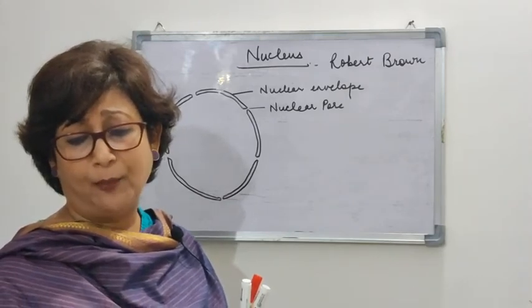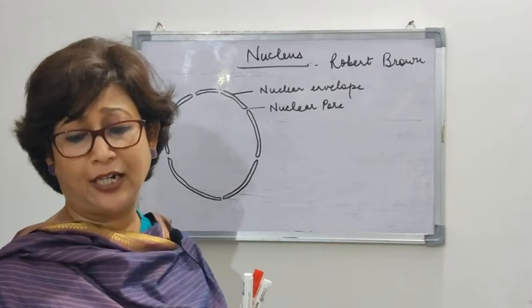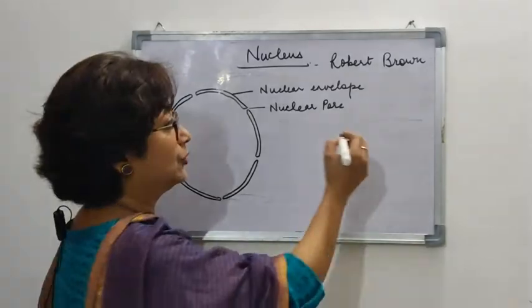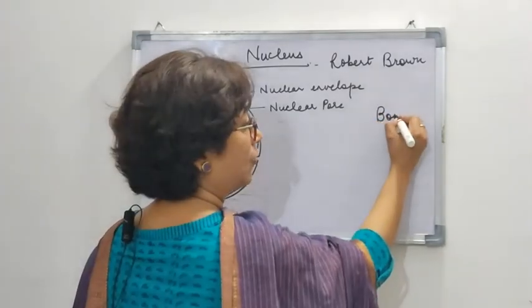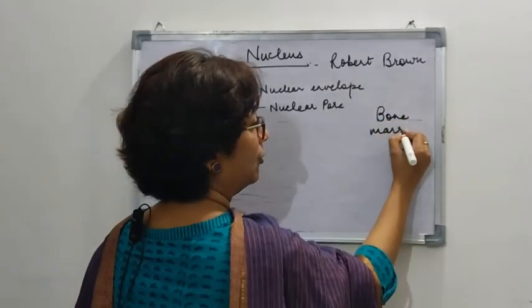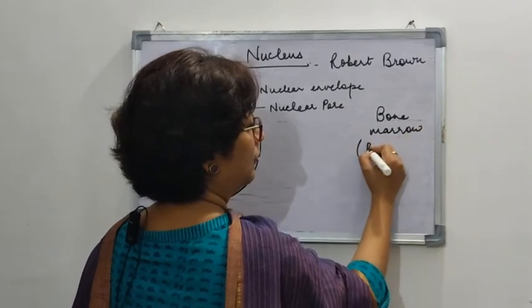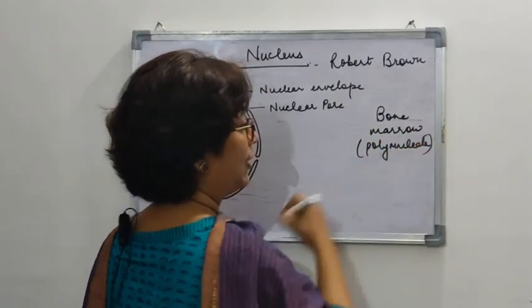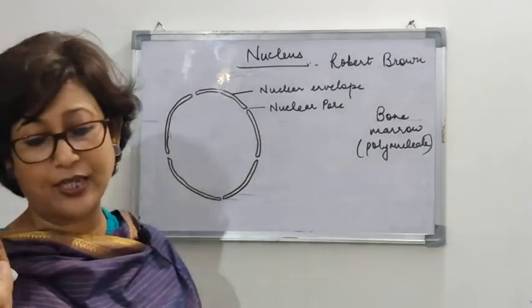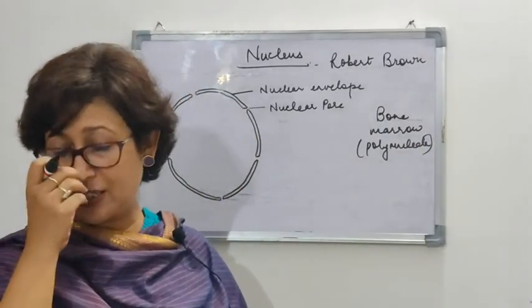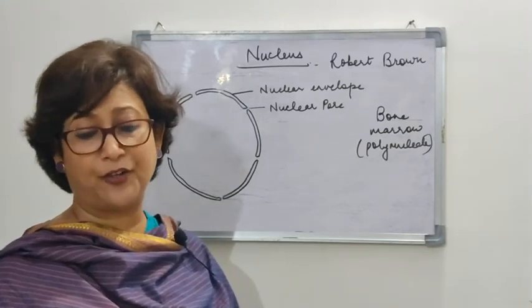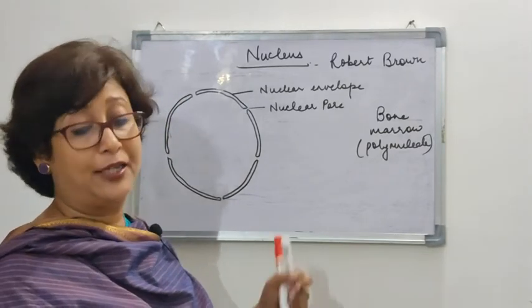So multinucleate or polynucleate condition is found in some cells of bone marrow, striated muscles, latex vessels, and in several fungi also.